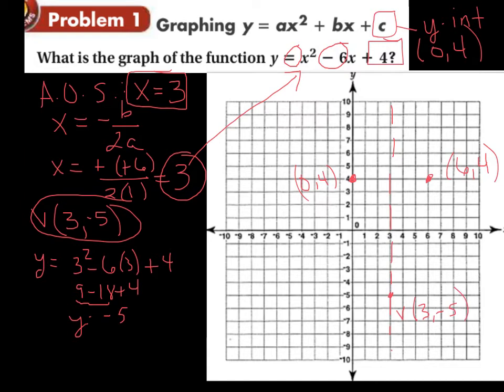So we really need to just find one more set of points. If we think about an xy table, I'm going to let x be 1. So I'd have 1 squared minus 6 times 1, which would give me negative 5, plus 4, which would give me a negative 1 for y. So I have 1, negative 1, and I would use the symmetry to move over 2 units to the right.